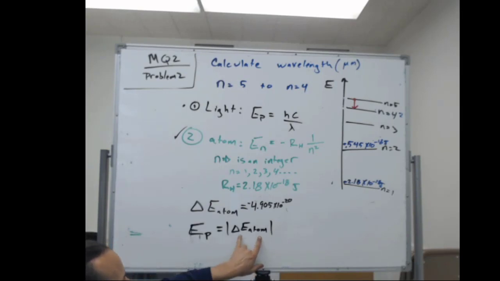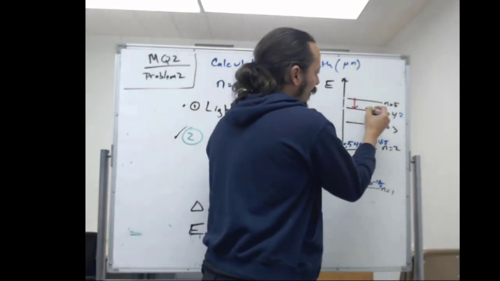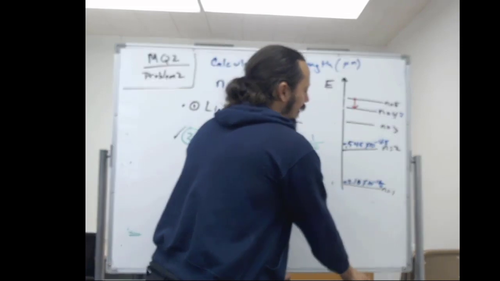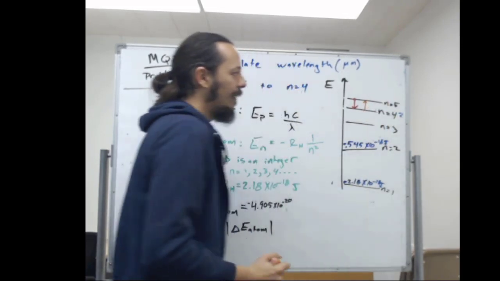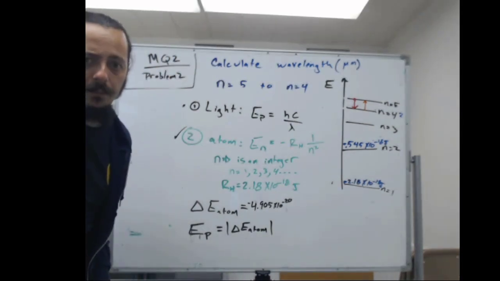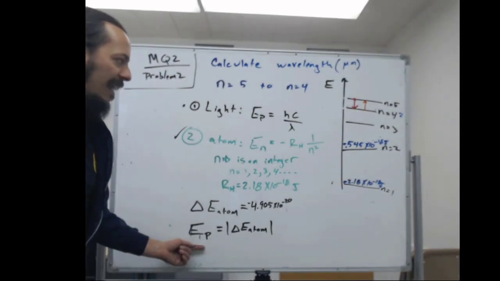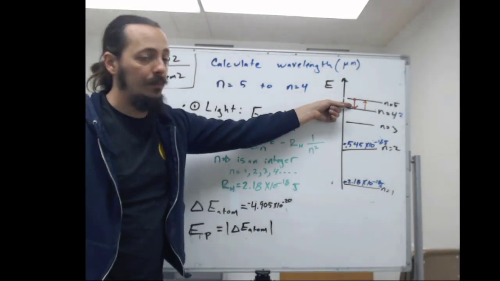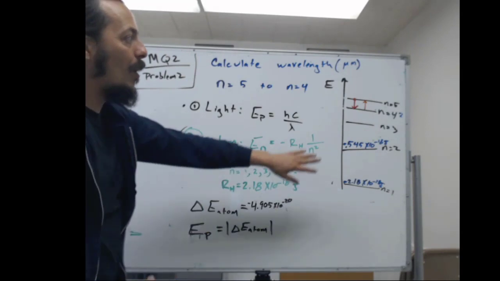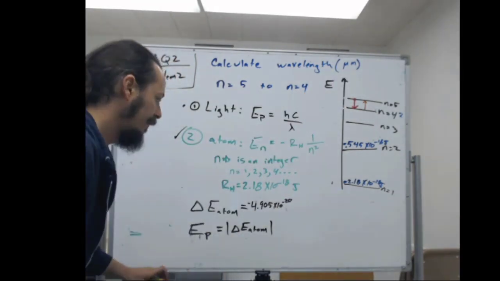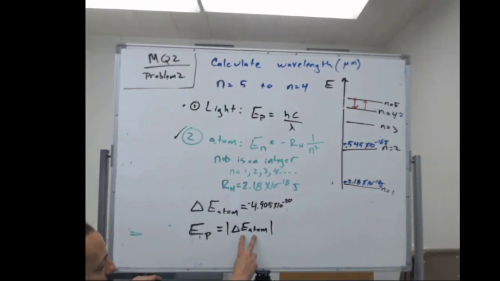We have to be careful because, and you can think about it pretty clearly, whether this was going up or down in terms of its energy, whether it was going 5 to 4 or 4 to 5, that change in energy should be the same. That means that photon energy for absorption or emission should be the same, even though a different thing is happening to the atom. So whether the atom's gaining energy or losing energy, that photon energy should be the same. So that's where that absolute value comes from.